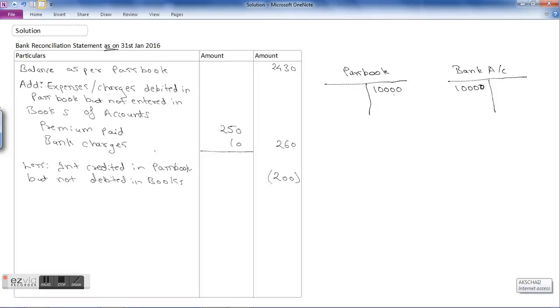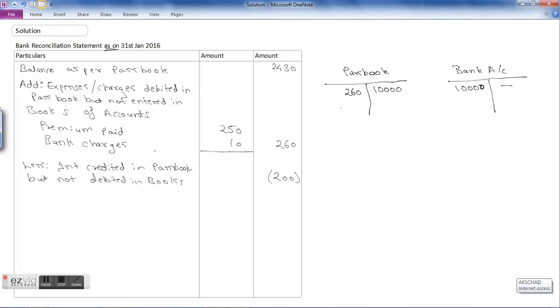Now what has happened? Expenses charges are debited in the passbook but the same have not been entered in the books of account. So I'll take this amount of 260. It has been debited to our passbook, so we'll put it as 260, but there is no entry in our bank account.